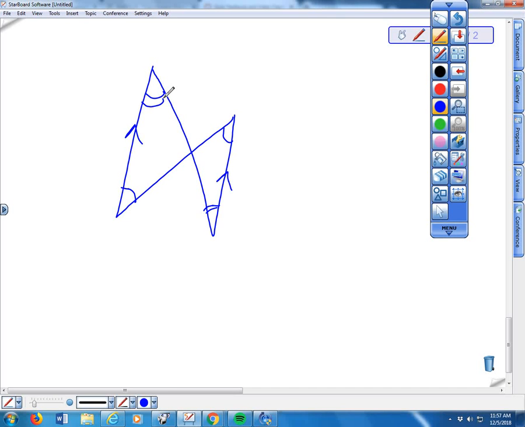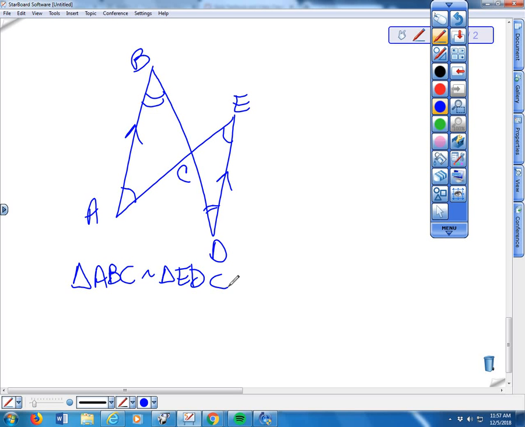Okay? When you write the similarity statement, let me write these. Kind of like the congruent statements we had to write. Triangle ABC is similar to what triangle? EDC, yes. Okay, so it gets a little tricky here when you have proportions.